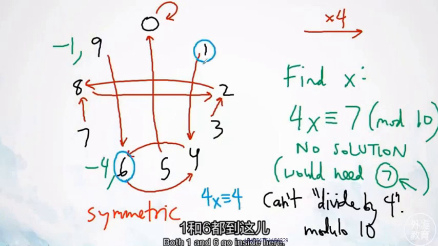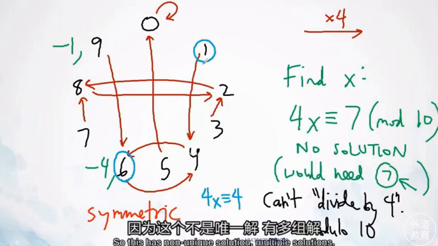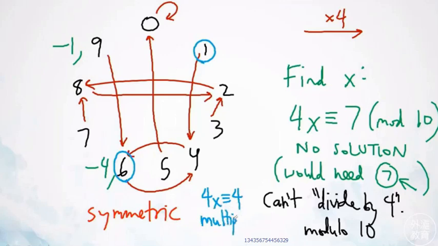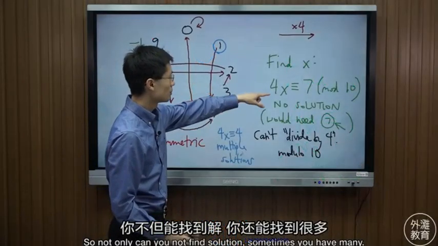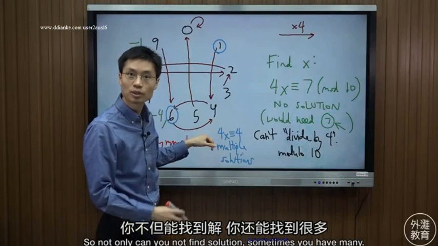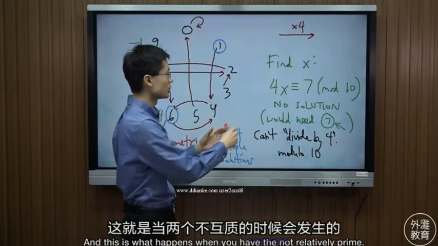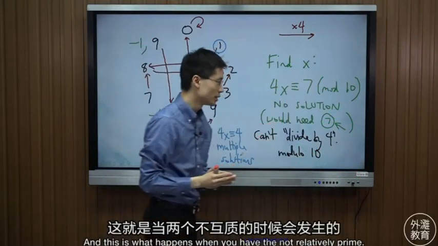Both 1 and 6 go inside here. So this has non-unique solutions. It has multiple solutions. So not only can you sometimes not find a solution, sometimes you have many. And this is what happens when they are not relatively prime.